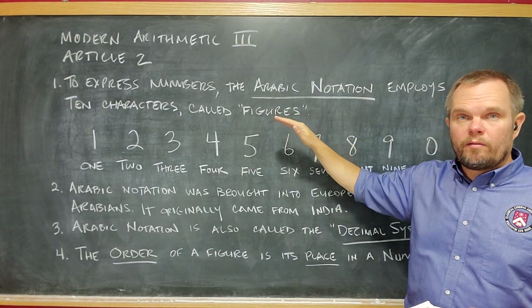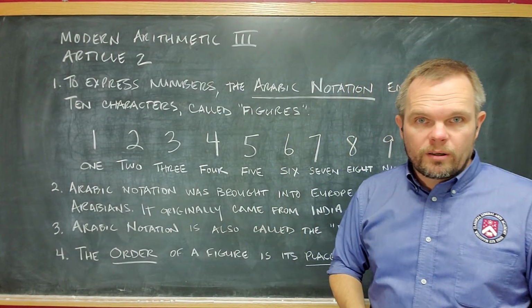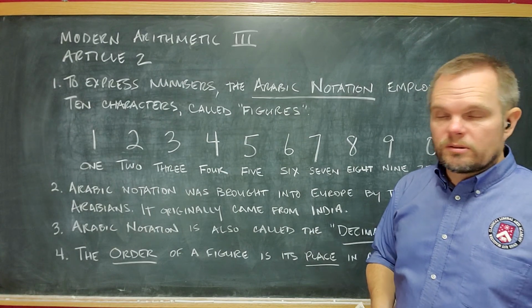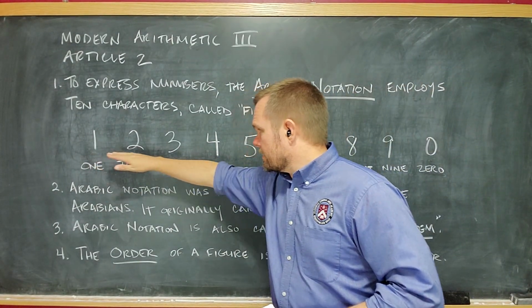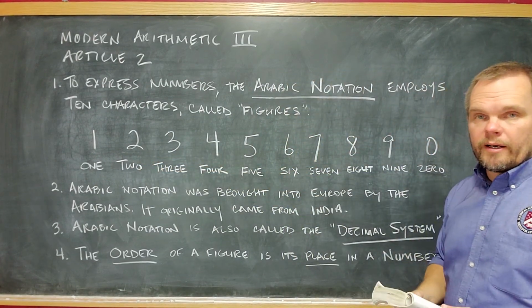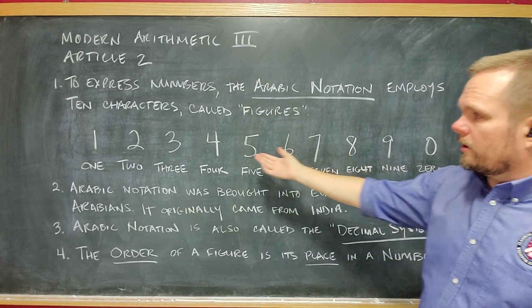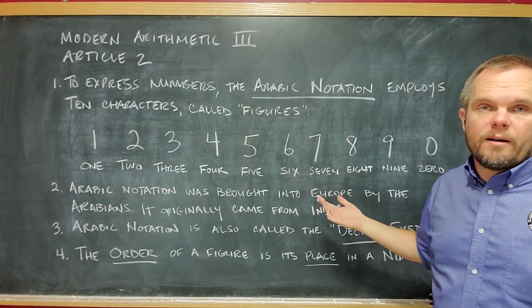So 10 figures allow us to express any number in Arabic notation. Here on the board written are the 10 characters or figures of Arabic notation. And you'll see these are just the numbers that we see all the time.